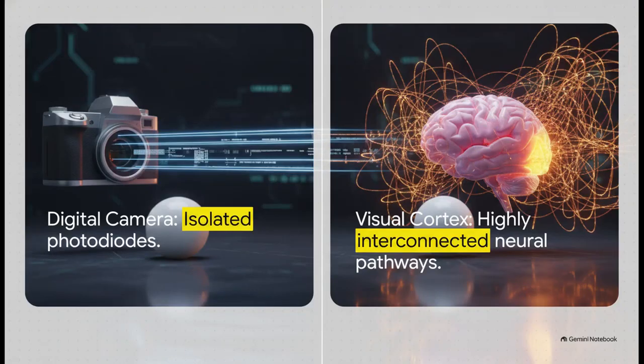And this actually brilliantly illustrates the mechanics of the theory when we contrast it with a machine. Let's compare the isolated photodiodes of a digital camera capturing a photo of that exact same cue ball with the highly interconnected, glowing neural pathways of a human visual cortex looking at it. Both systems are processing data, sure, but they are doing it in fundamentally different ways.